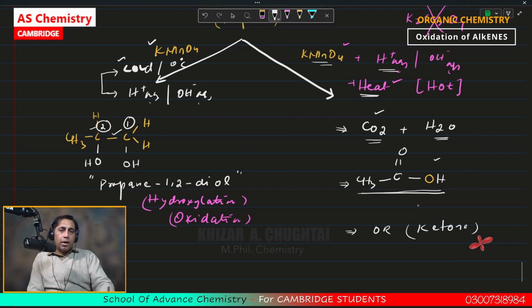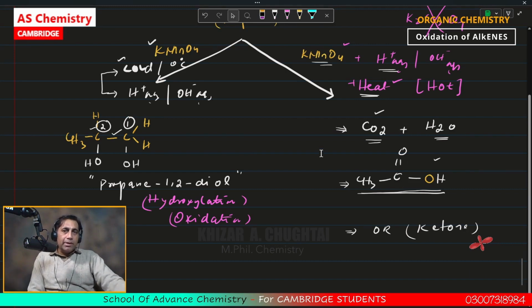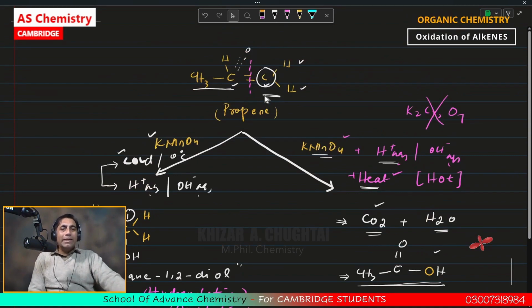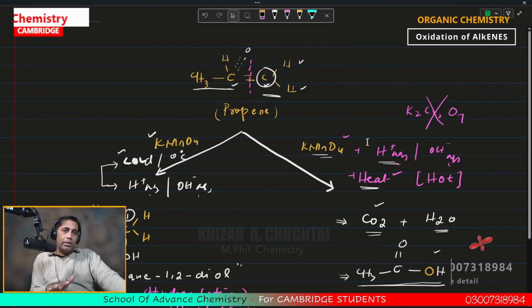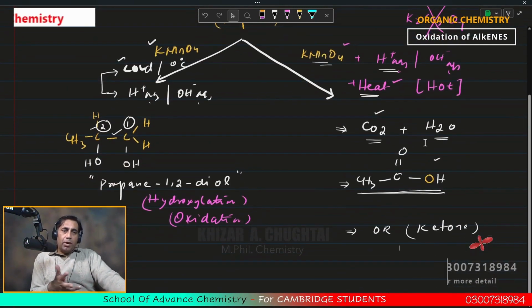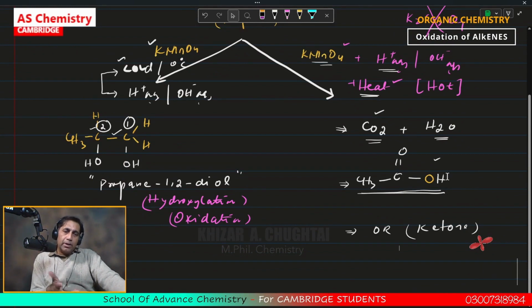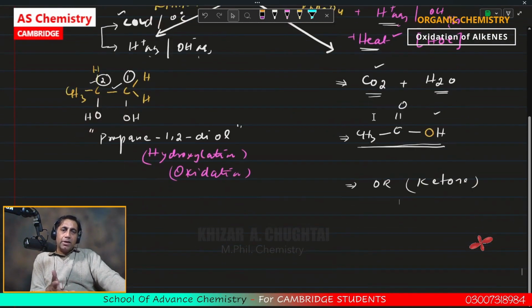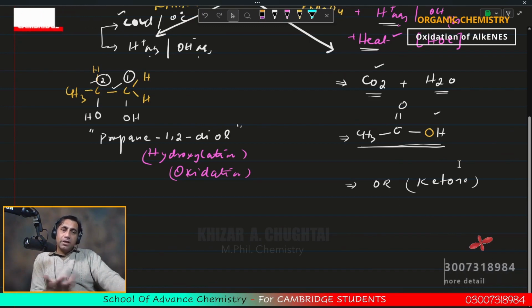So three carbon products are possible whenever you heat any alkene with KMnO4. Sometimes only CO2 is possible, sometimes maybe only the acid, sometimes CO2 and the acid both, as you have seen in this case, and sometimes just ketone is formed, sometimes ketone and acid are formed.